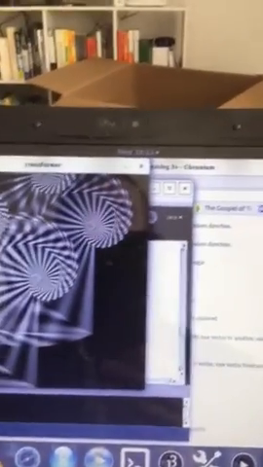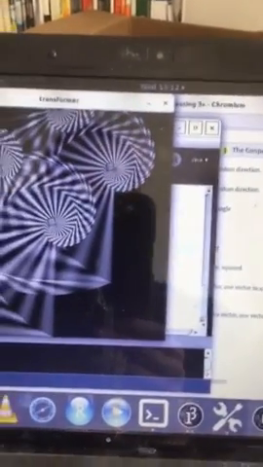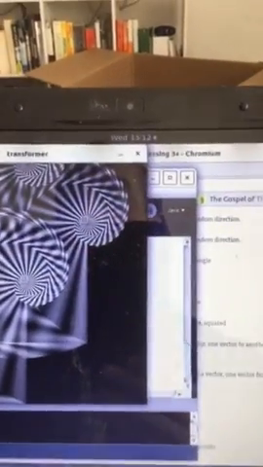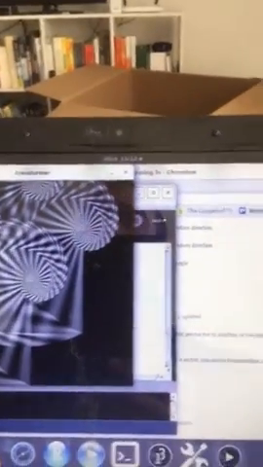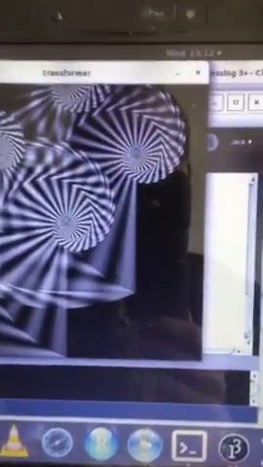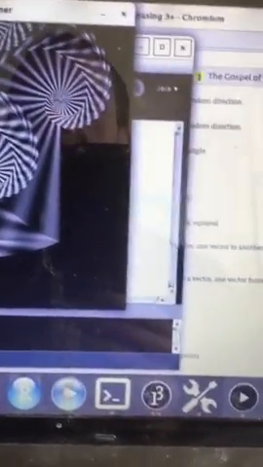Oh, and it reduces. It scales down, and it continues to do this, and it ends up making all these spirals. Here I'm making some spirals, but they aren't related the same.